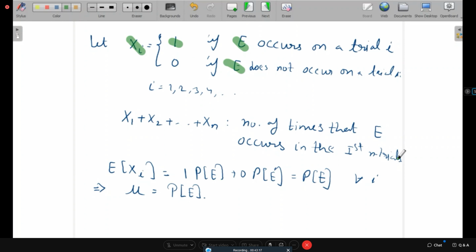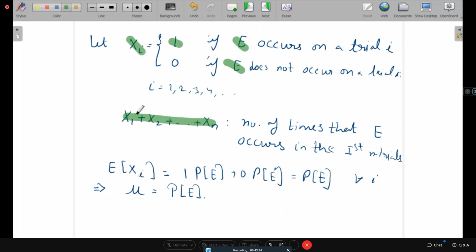Now, what will this sum denote? X1 plus X2 plus Xn. It will denote the number of times that event E occurs in the first n trials. I hope you get it.